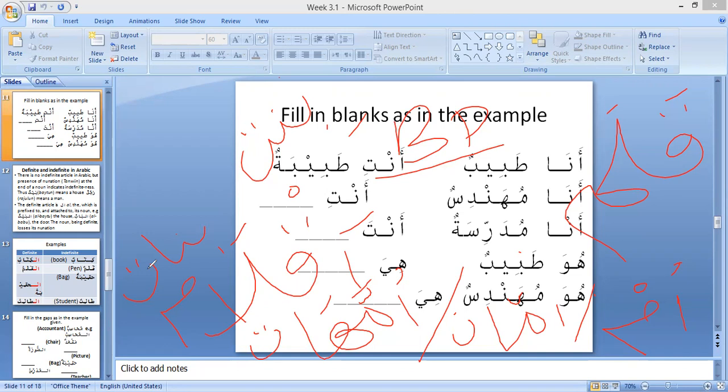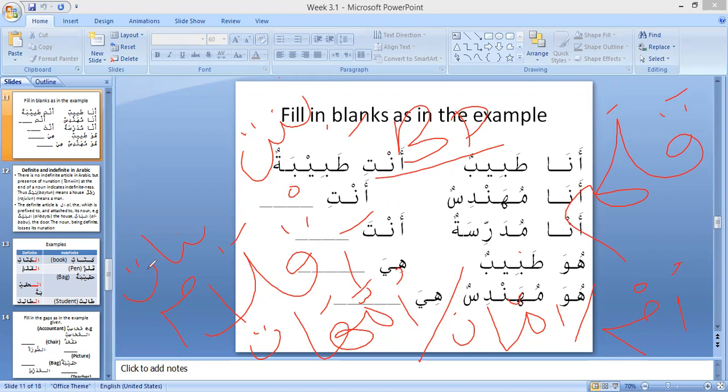Who can tell me this? Antuma muhandis becomes what? Antuma means you two. Muhandisan. Yes, Alia? Antuma muhandisan. That's right. Because antuma means you two. Antum, you plural male, becomes what?